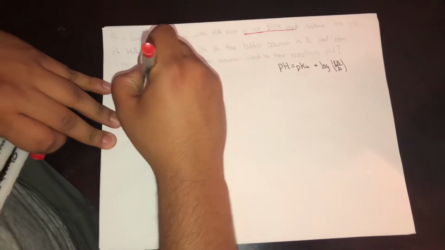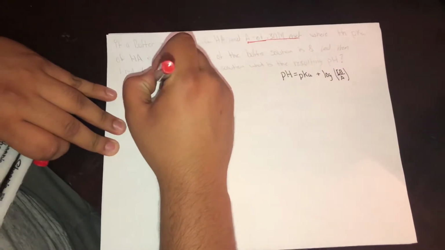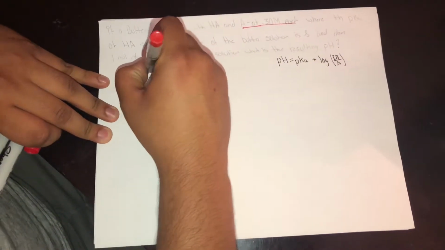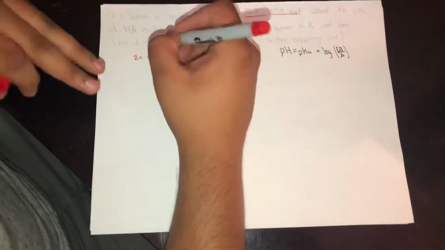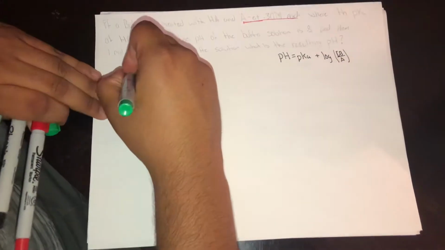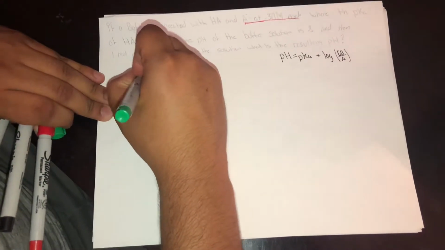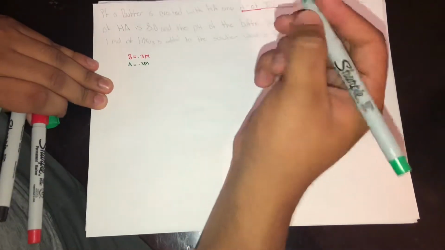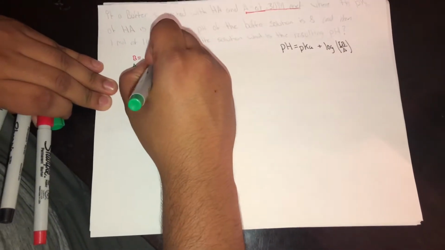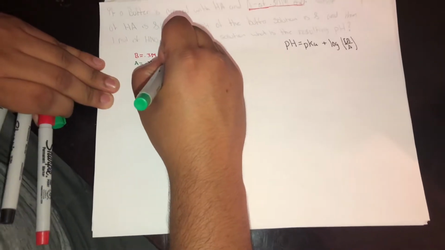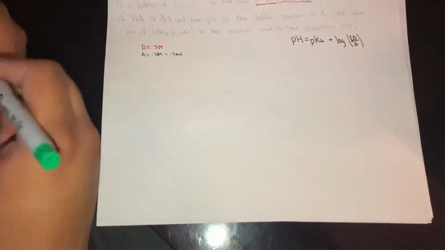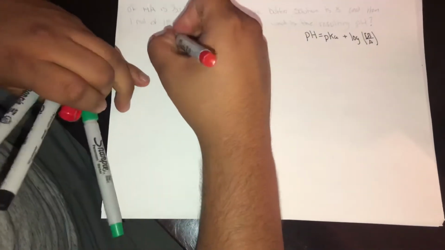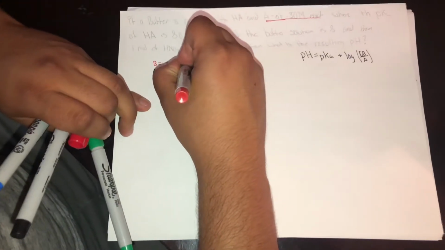So it's going to be B equals 0.3 molar and A equals 0.3 molar, which converted to moles is just going to be the same, which is 0.3 moles for both.